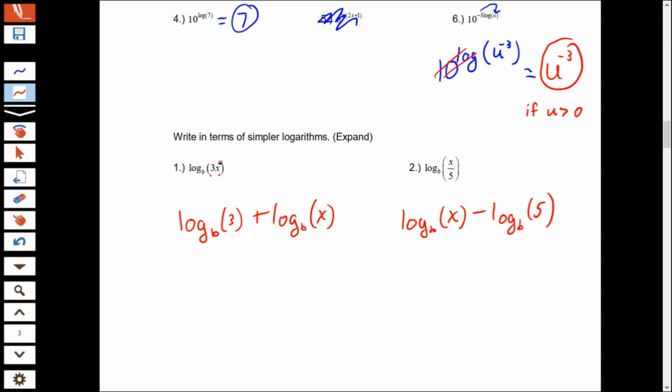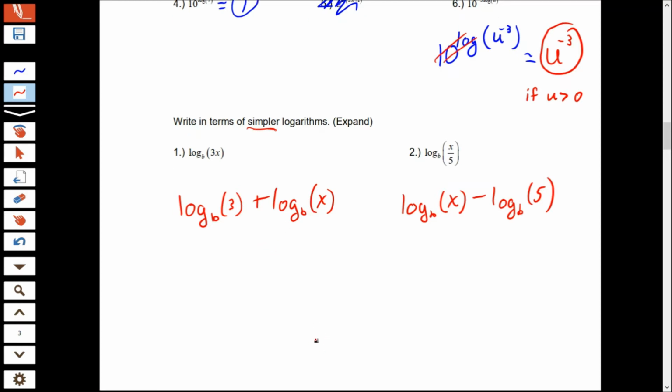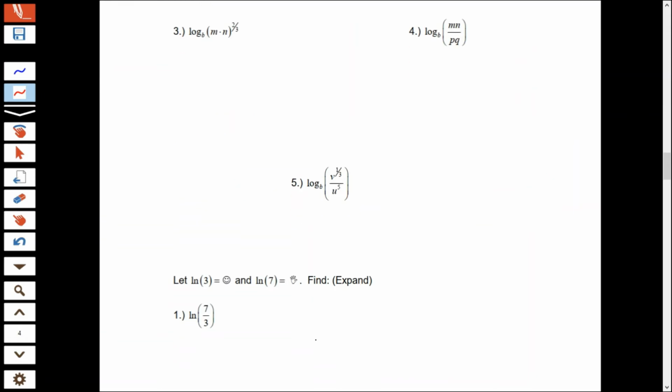Right? And you can see in the directions, this is right in terms of simpler logs. In other words, you have a complicated log here, and you want to write it as the sum or difference of easier, smaller logs, things that are not quite so complicated. And you can see these can actually get pretty complicated as we move along with this topic.